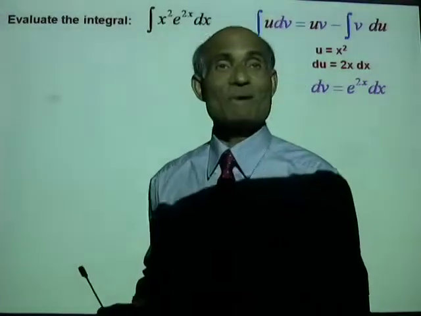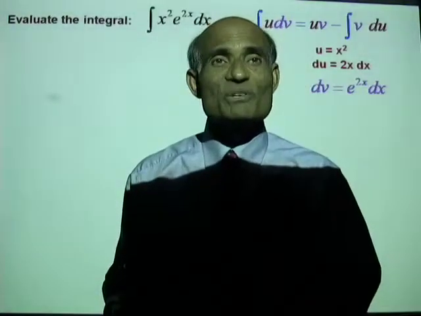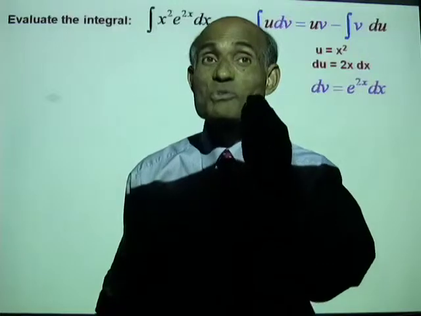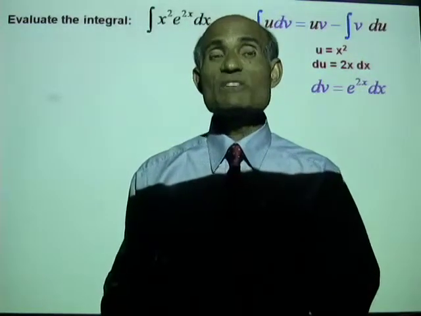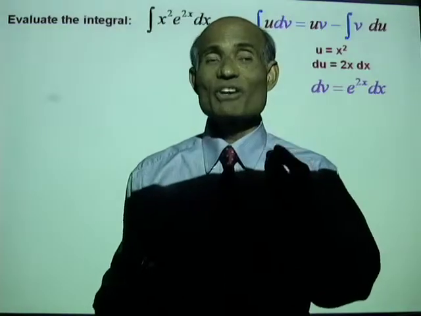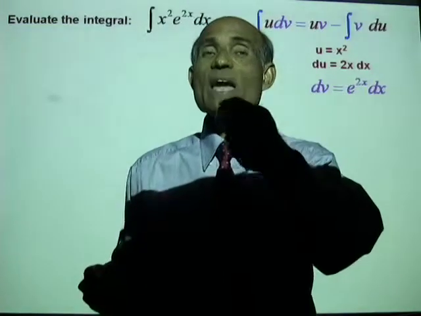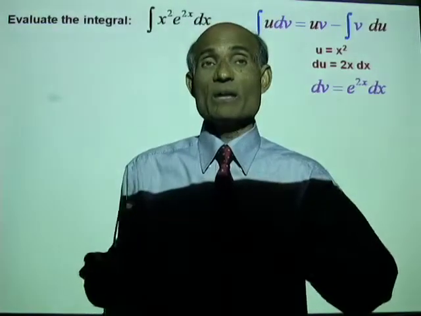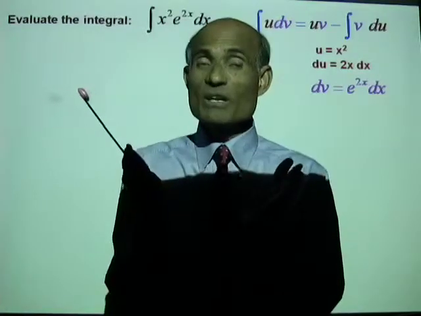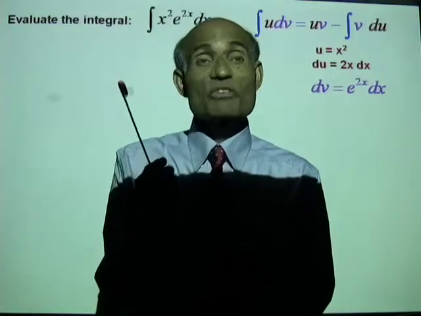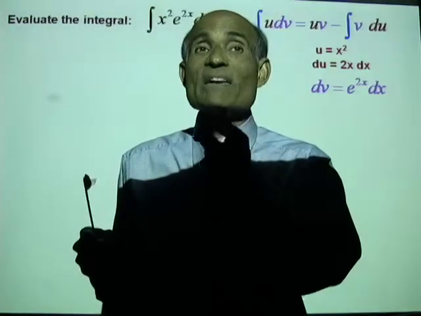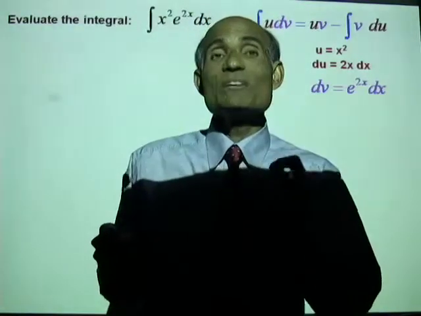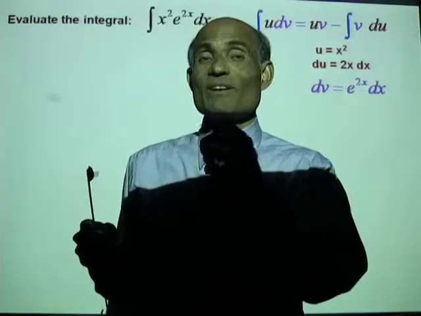Alright, tell me, what do you get if you integrate e to the power of 2x dx? The integral of e to the power of ax is e to the power of ax divided by a. Now don't confuse integration and differentiation. The derivative of e to the power of ax is a e to the power of ax.